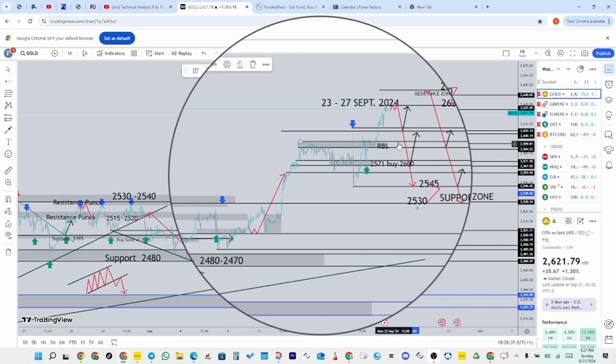Plus or minus, the market would want to definitely come there before, if it wants to continue, it will continue from this particular zone, 2530.